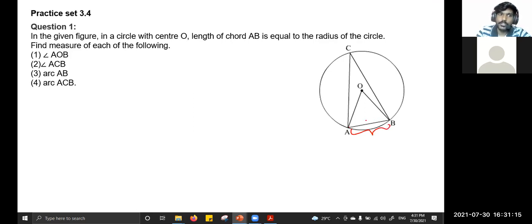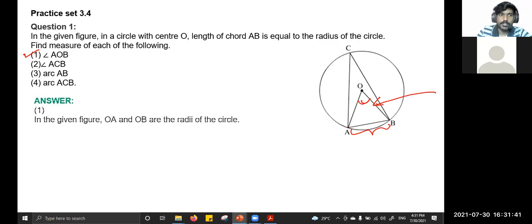You have to find the measure of each of the following. First, you have to find the measure of angle AOB. That is this one.